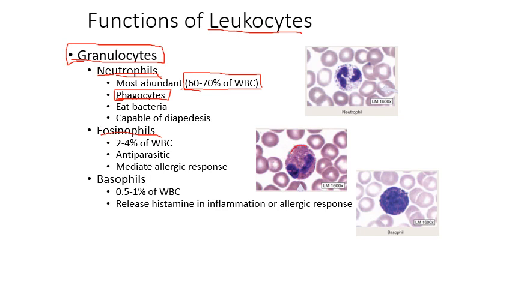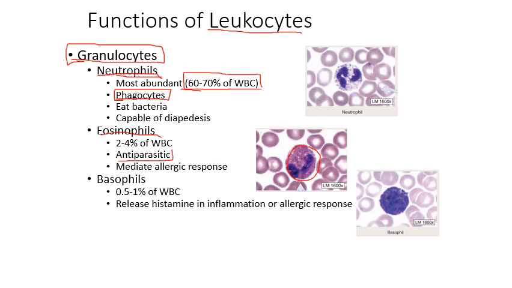Eosinophils also act as phagocytes, so they engulf certain pathogens when they see them, but one of their main functions is the granules, which are filled with chemicals that attack or lyse the pathogen. For the eosinophils, their main targets are parasites in the body. They are antiparasitics.